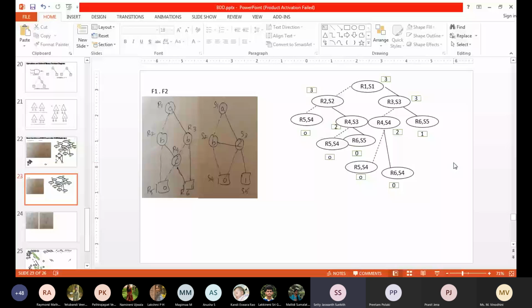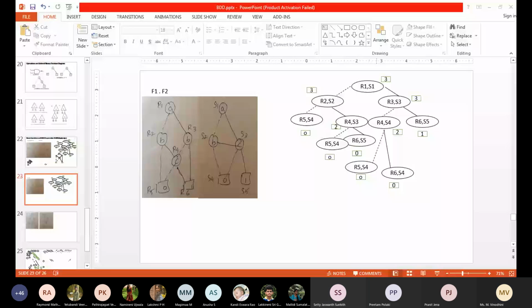How 0? What is R6? R6 is 1, ma'am. R5, S5? S5 is 0, ma'am. Look at the diagram. Look at the slide properly. S5 is 1, ma'am. So what is R6? 1. Okay. Listen to the class.